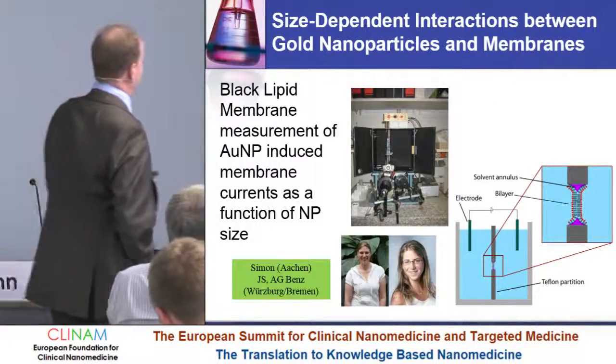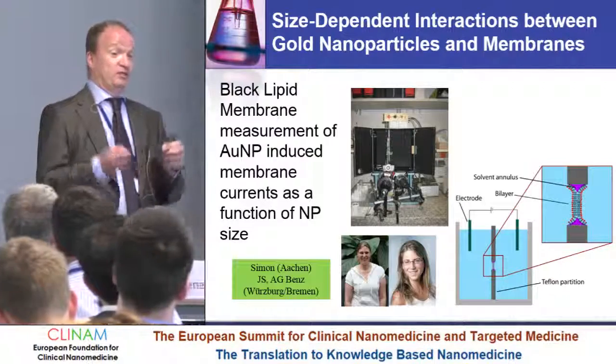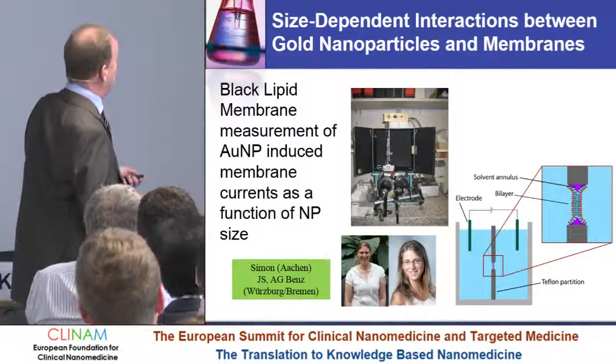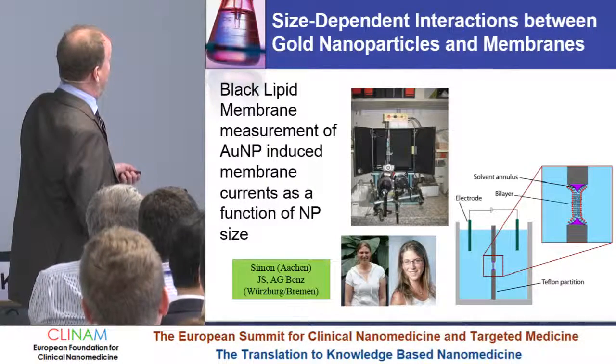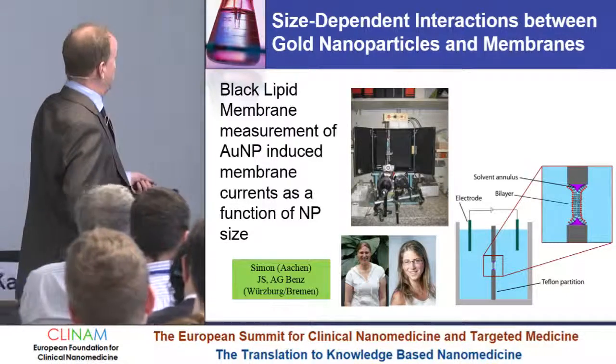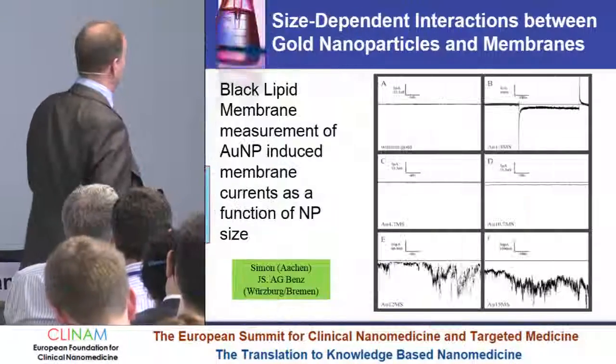So in order to figure out what on earth is going on, or to validate the scheme, two of my students, who are actually in theory, went off to experiment, and they conducted these black lipid membrane experiments where you have a lipid bilayer in some small membrane, and then you put some current, and now you put the nanoparticles in at one size, and you observe what happens, right?